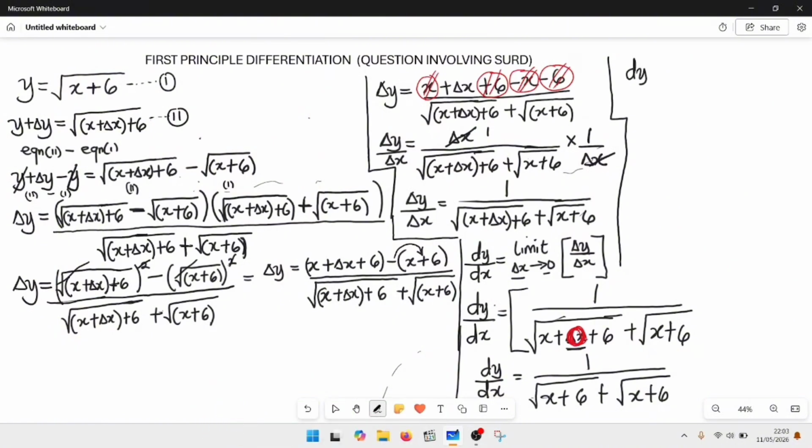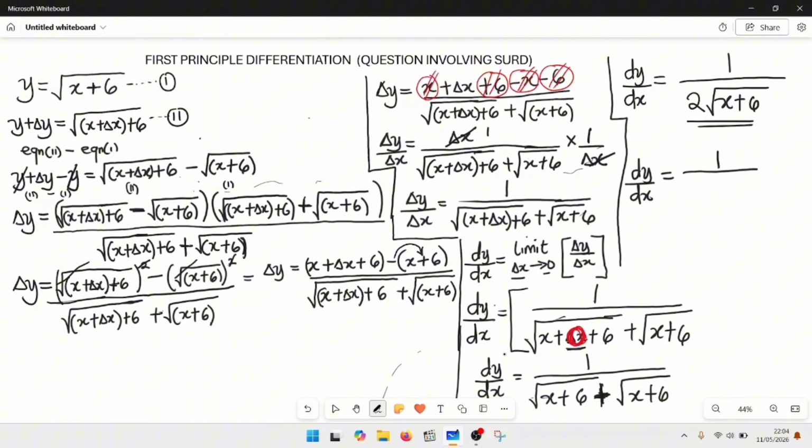We have dy over dx is equal to 1 over, if we add them up, this guy is a plus. If we add them up, what are we going to get? We're going to have 2 of them, 2 of root x plus 6. Final answer. Therefore, we can say dy over dx is equal to 1 over 2 root x plus 6.